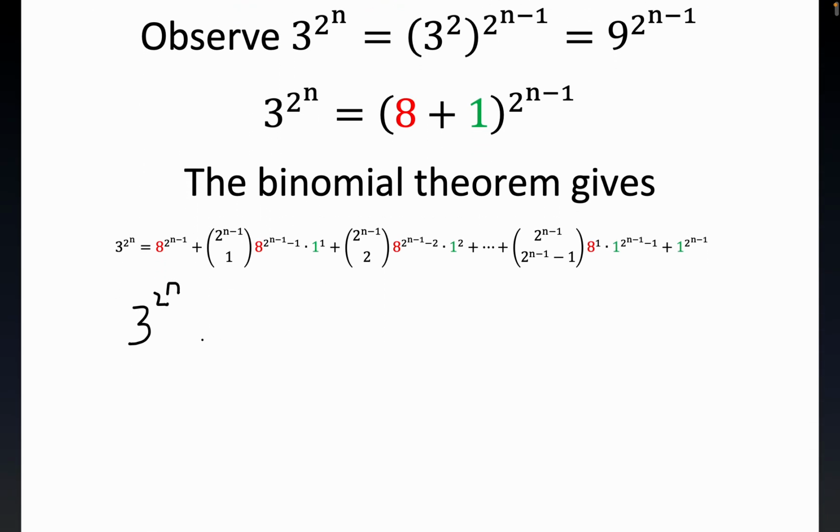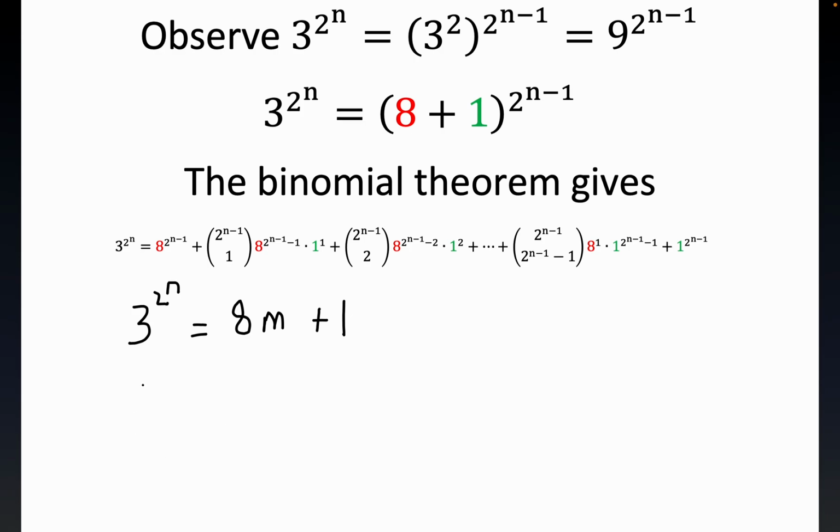So what we've shown right here is that 3 raised to the 2 raised to the n is some multiple of 8. We'll call that 8m if you want, okay? 8m plus 1, right? So that means when you divide 3 to 2 to the n by 8, you get a remainder of 1.